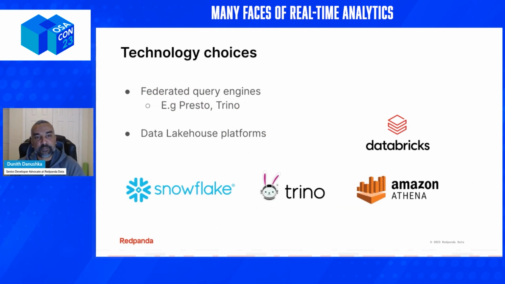So when it comes to technology choices, there are a couple of things we can consider, especially federated query engines like Presto, Trino, Athena kind of things. What they are really good at is that they can query different types of data stores at the same time.